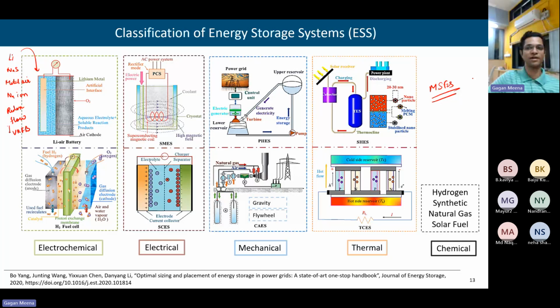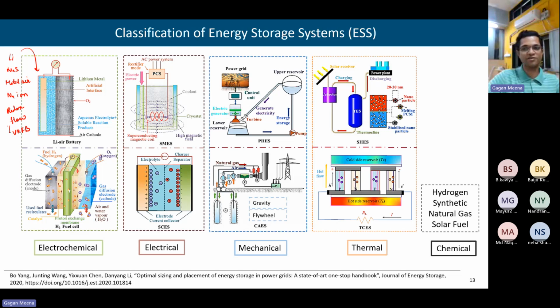But others can be used to indirectly reduce the demand by decarbonizing the industrial processes. If we are able to meet the heating requirement by this thermal energy storage, then the requirement for electrical heating would reduce. The demand would reduce. So it's a very good method for that.